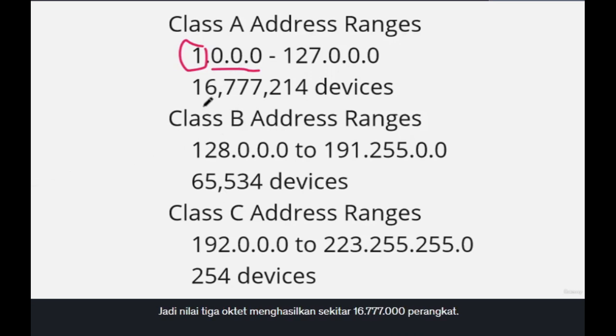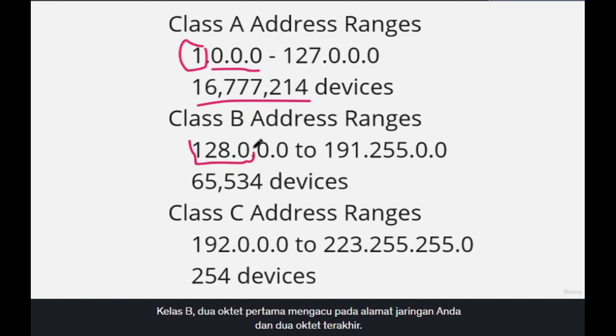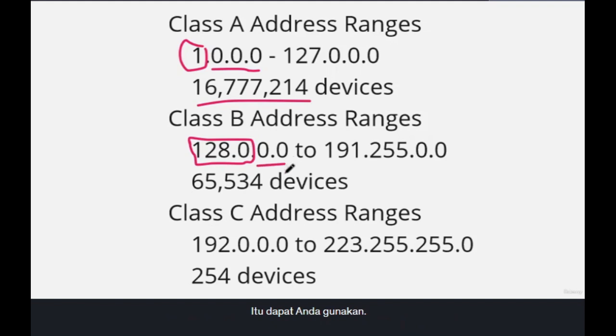So 3 octets worth comes out to about 16,777,000 devices. The Class B, the first 2 octets refer to your network address, and the last 2 octets are usable by you. You can customize them however you want.